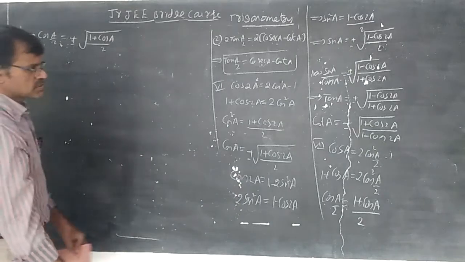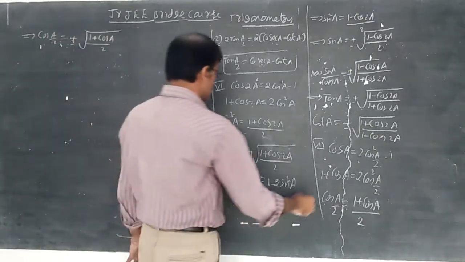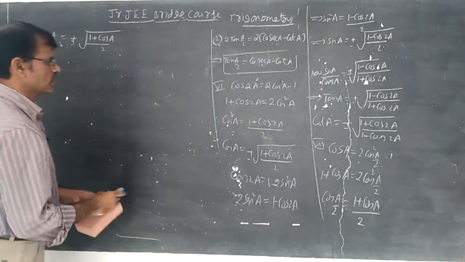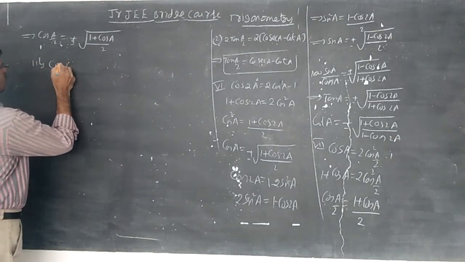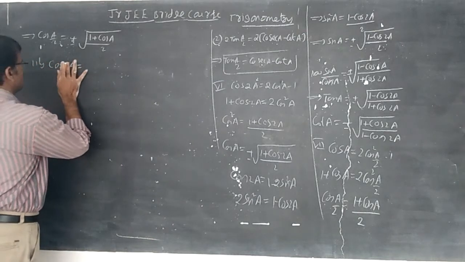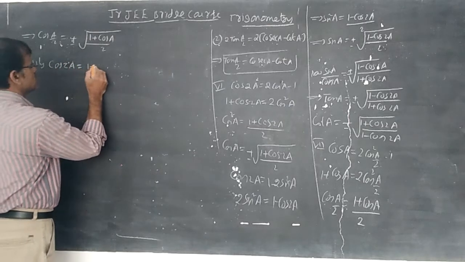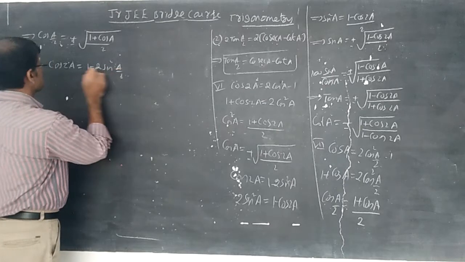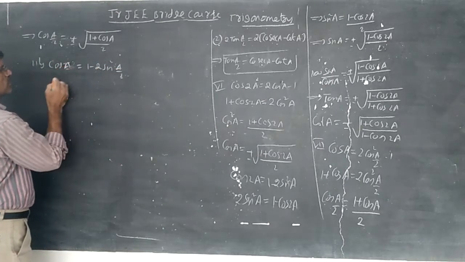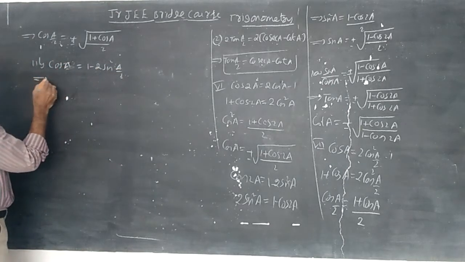Similarly, using the cos 2A formula, cos 2A is equal to 1 minus 2 sin square A. So, cos A you can take as 1 minus 2 sin square A by 2.